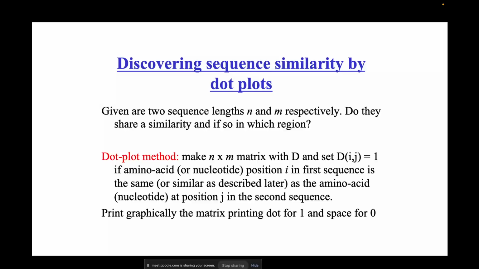If that is the same, you put a 1. Otherwise, you put something else. We'll talk about what we will put if there is a mismatch. There can be different types of mismatches, but if it's a match, you put a 1. If there's a mismatch, you put some penalty on it, and you put a score like that. So that is how a matrix of that sort is made.